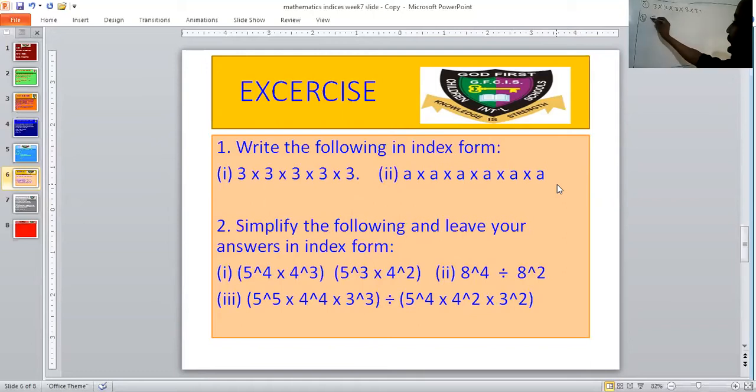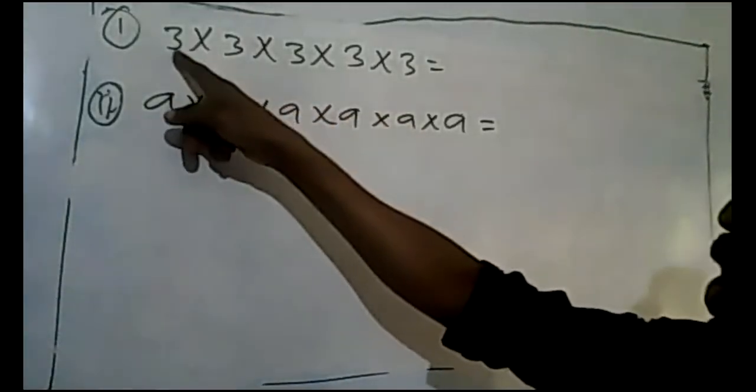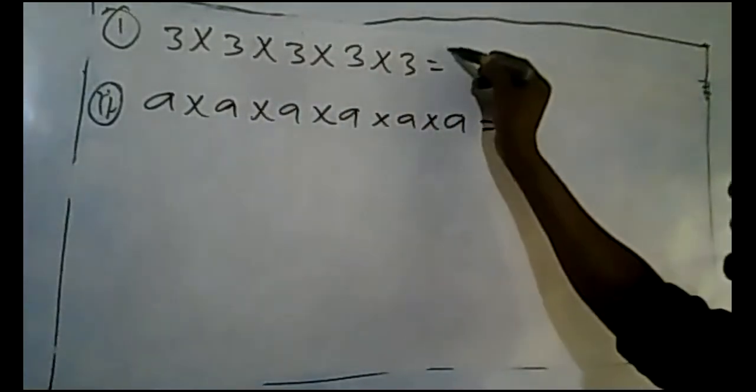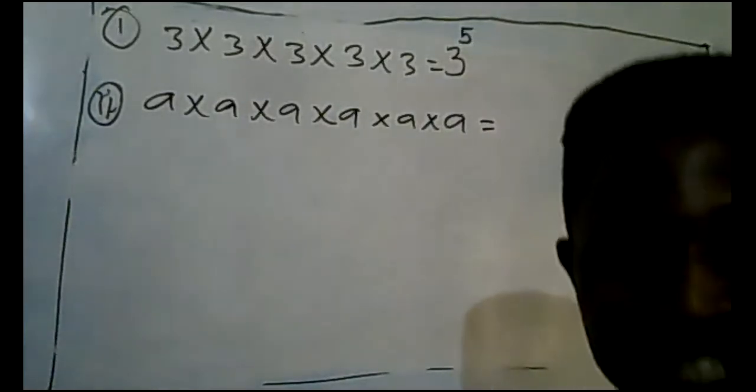So you have A times A times A times A times A times A. And that's all for number 1. So quickly, let me show you how it's done. It's simple. What you need to do is just count how many numbers you have here. You have 1, 2, 3, 4, 5. That will be 3 raised to power 5, or 3 index 5.